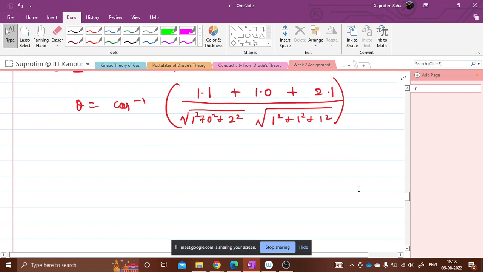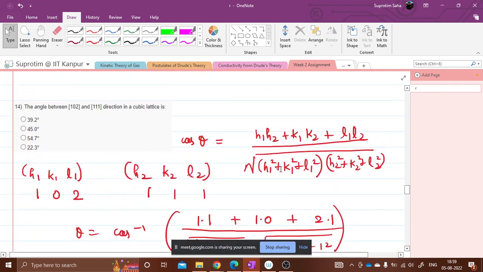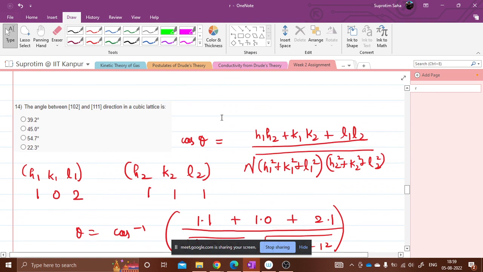So this is basically cos inverse of 3 over root 5 times root 3, which is 3 over root 15, and this gives you 39.2 degrees, right? So the correct answer is 39.2 degrees. If you calculate this on your calculator, it will give you 39.2 degrees.